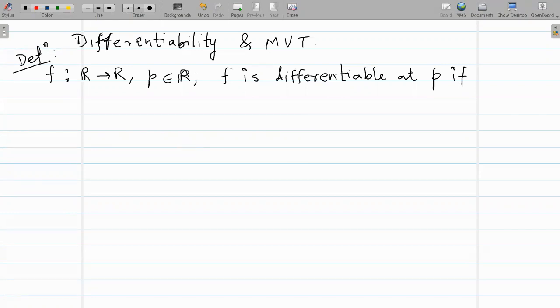Yes, the limit of f of x plus h minus f of x, whole upon h, as h tends to 0.